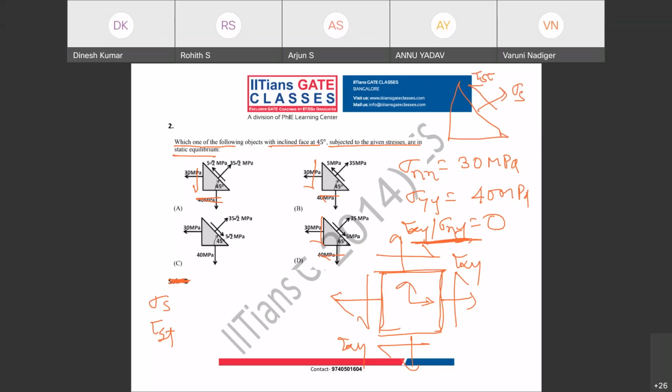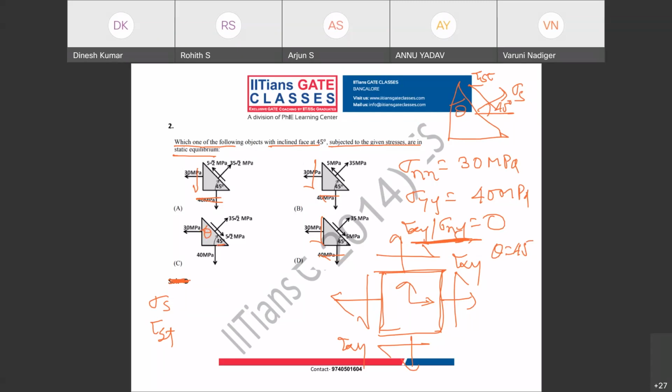This is unknown. Now guys, if you look here, this angle is 45 degrees. So what will be this angle? 90 minus 45, which is 45, right? So that means this angle is also 45.